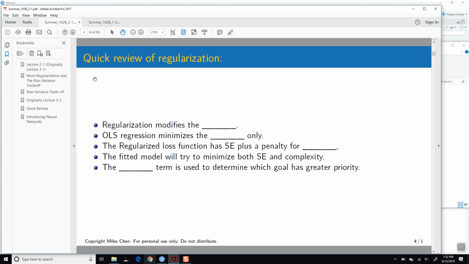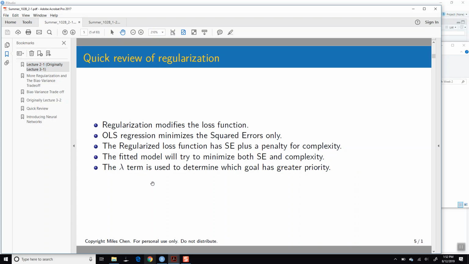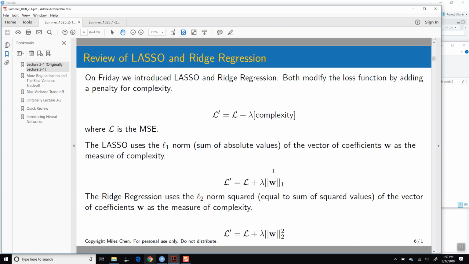The regularized loss function has the squared error plus a penalty for complexity or coefficients. The fitted model will try to minimize both squared error and complexity, and the lambda term is used to determine which goal has greater priority. Yeah, exactly. So those are your answers there.